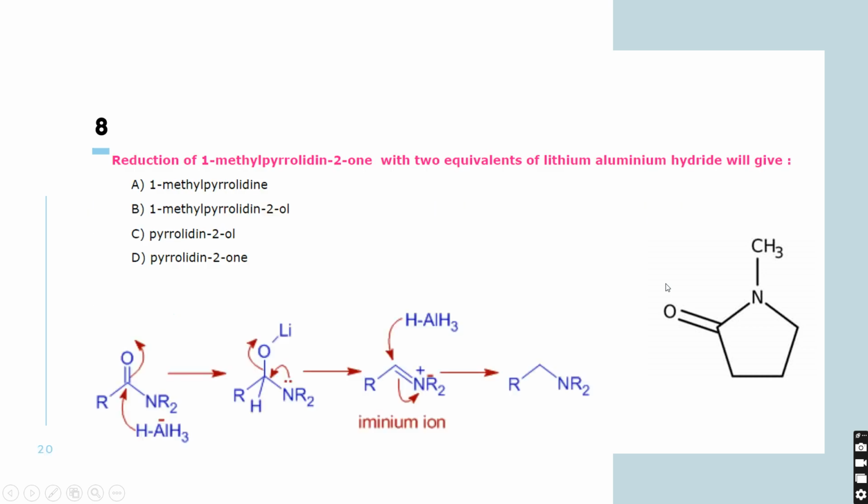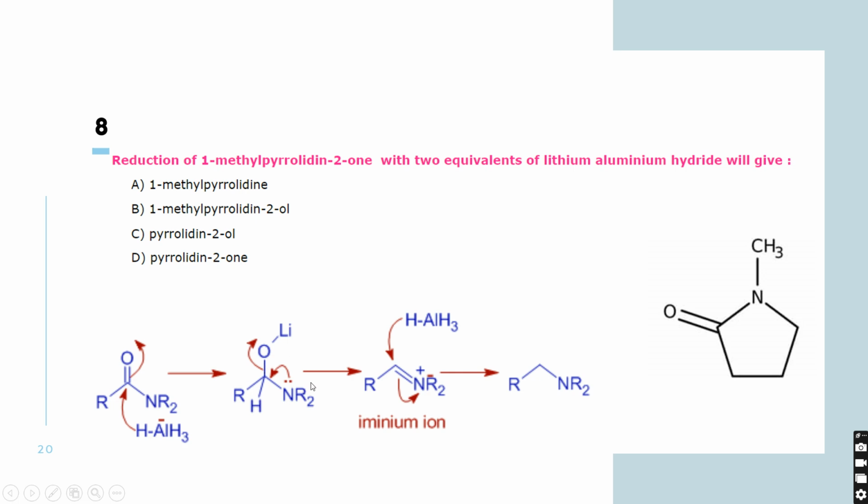See, this general substrate is similar to your given substrate; you have to just focus on the carbonyl group. Hydride will be donated to the carbonyl group, and you will get this kind of intermediate oxyanion.